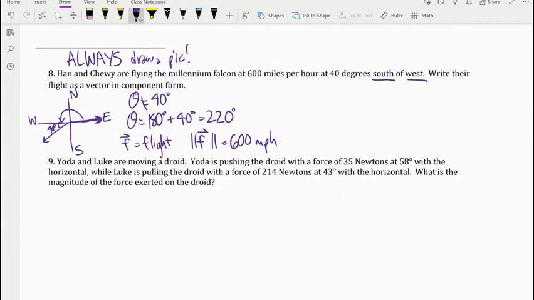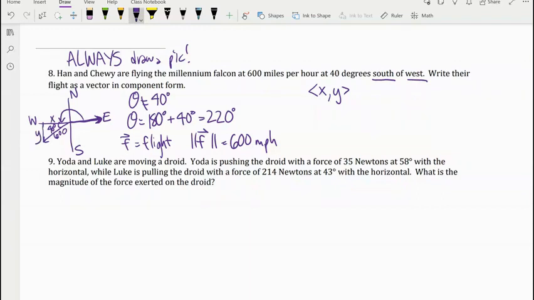Then it says write their flight as a vector in component form. So component form is x comma y, right? I need to know, if my magnitude is 600, and I am going at 40 degrees south of west, then what is the x component and what is the y component?